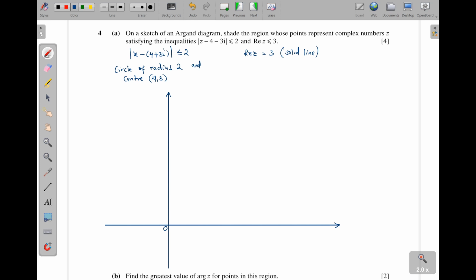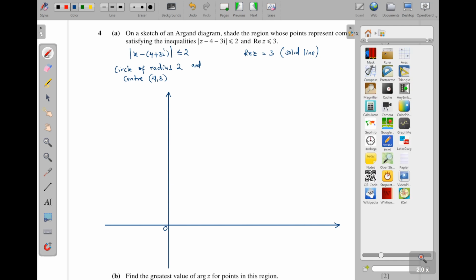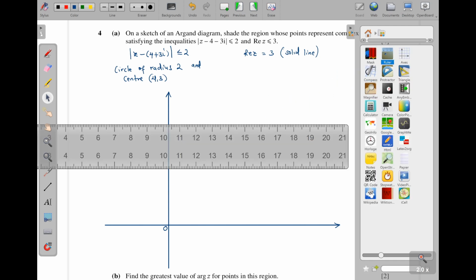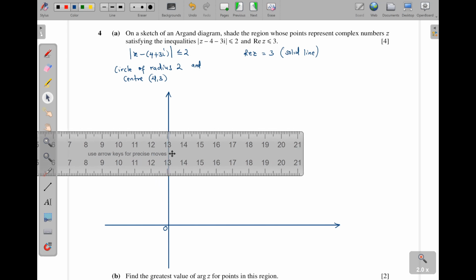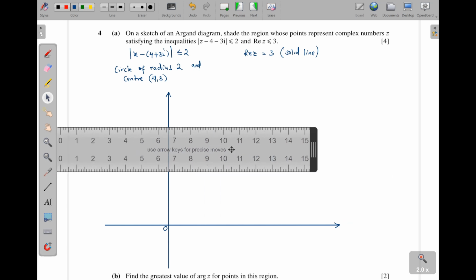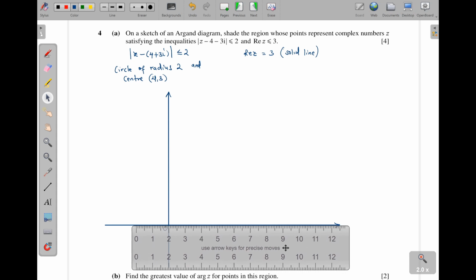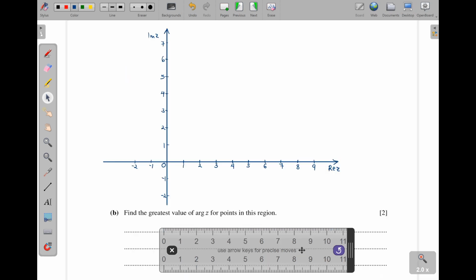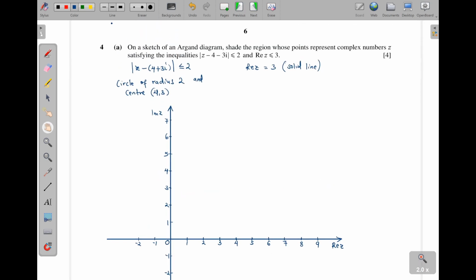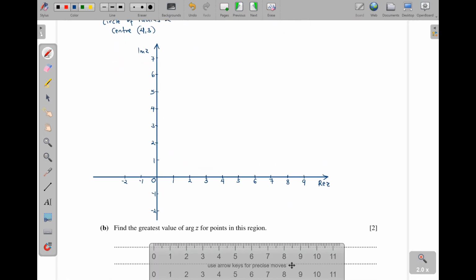So I will get my ruler here, put this ruler here and then mark the points. After that, I'm going to have my center. The center is 4, 3. So 4, 3, I will be maybe around there.